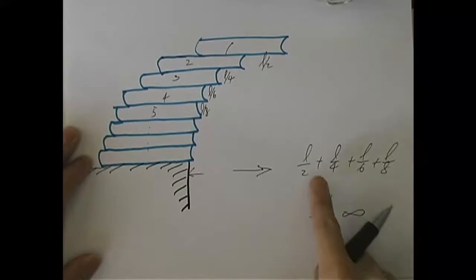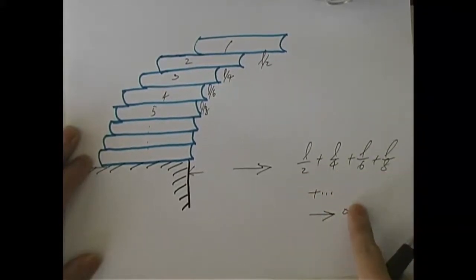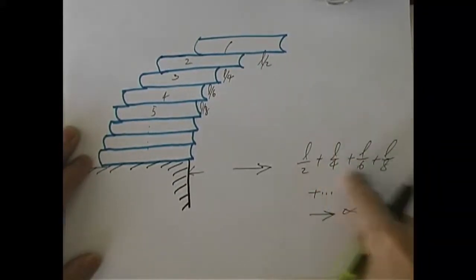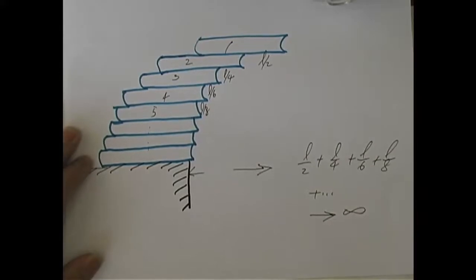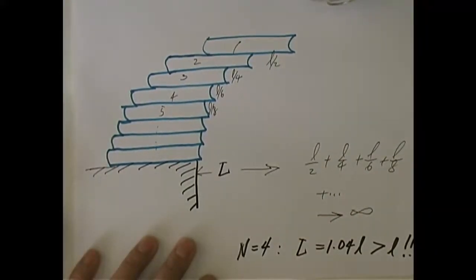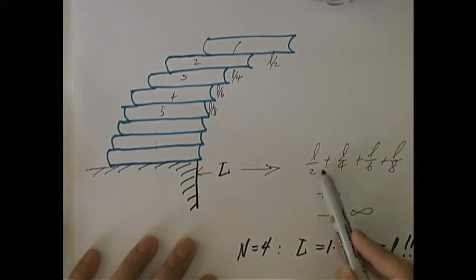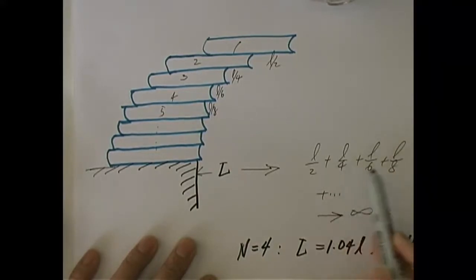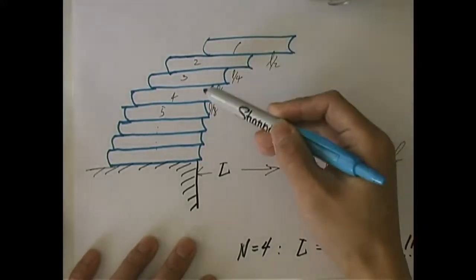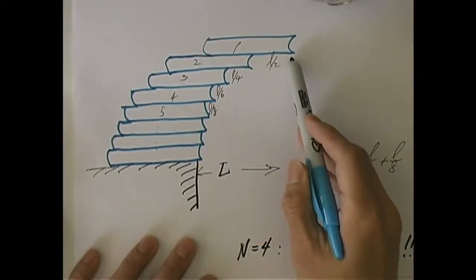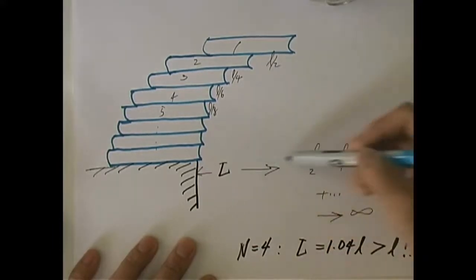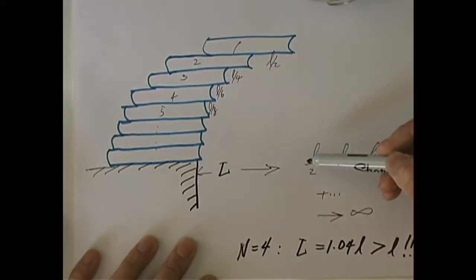Well, you have to add 1 over 2, 4, 6, 8 until you stop at a number where the total is greater than L, and that happens with as little as 4 books. 1 over 2 plus 1 over 4 plus 1 over 6 plus 1 over 8 is equal to 1.04. It's greater than L. So with only 4 books, the edge is already over 1 L away. That is already amazing. We can do this demonstration and see it for ourselves.